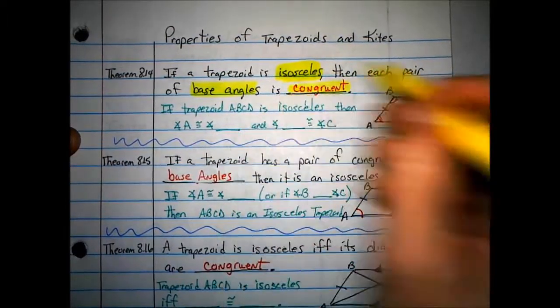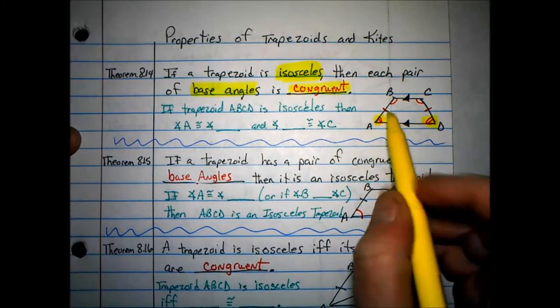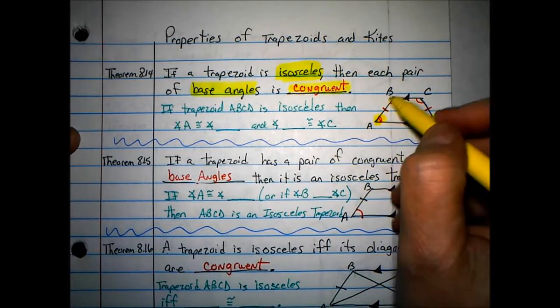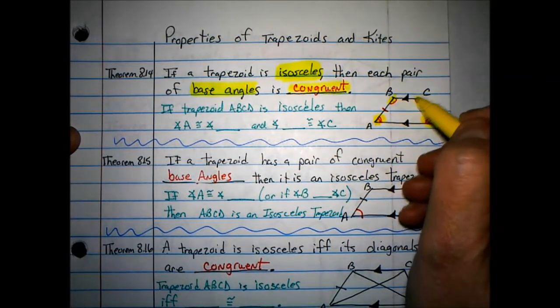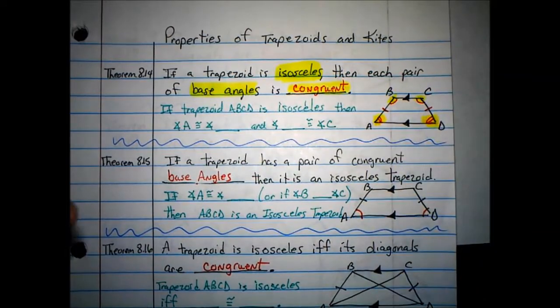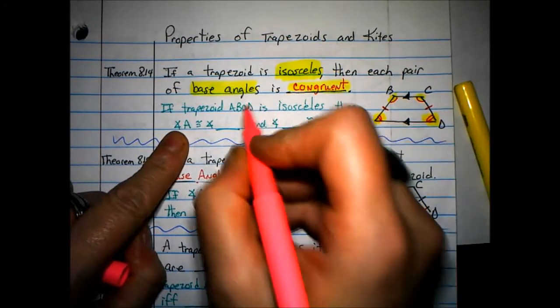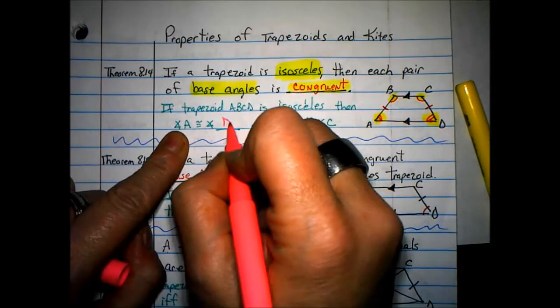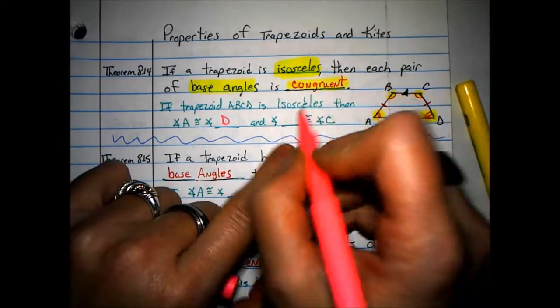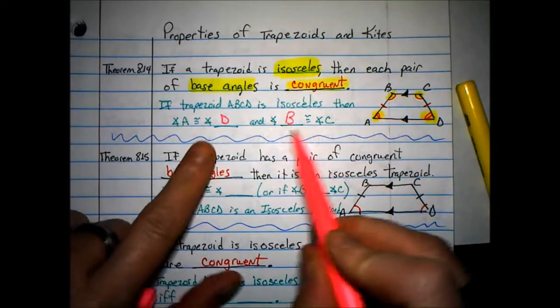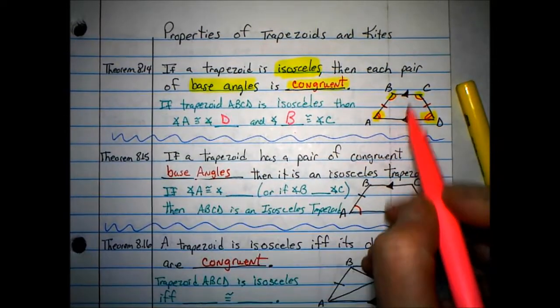And this guy has two sets. A and D are base angles, as well as B and C, which are adjacent angles. Those are base angles. So to fill us in, it says angle A would be congruent to angle D, or angle C would be congruent to angle B. These are the base angles of the trapezoid. They are on the parallel sides.